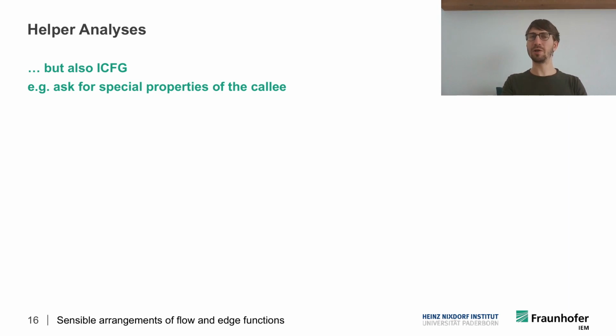But sometimes in your own data flow analysis, you're interested in special properties of the callee. Like for example, whether the called function is a constructor, or whether it is a destructor, or whether it is an intrinsic function that is implemented in LLVM, or some intrinsic function of the standard C library.